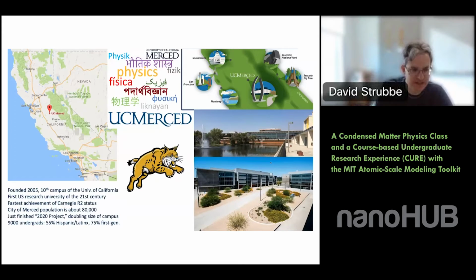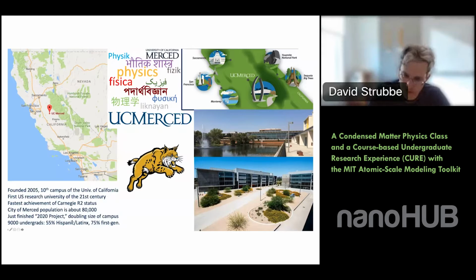We're in a small city, about 80,000 people. We've been expanding our campus a lot. So actually in the lower right here, that's the building I'm sitting in right now, which we got done just in 2020, doubling the size of our campus as we're growing both our undergraduate and graduate student populations. We're about 9,000 undergrads.